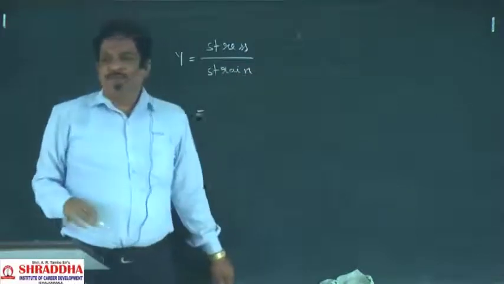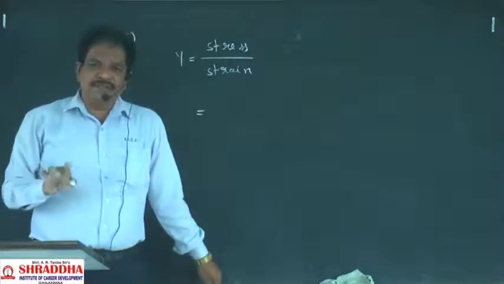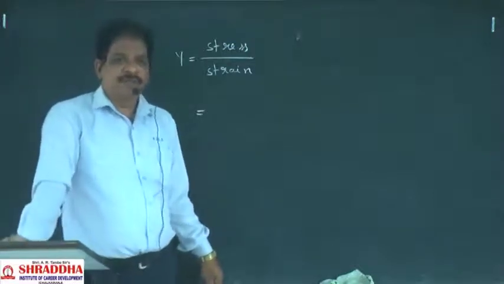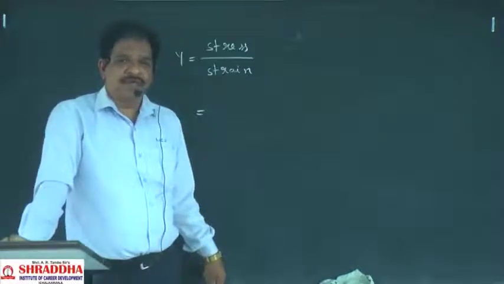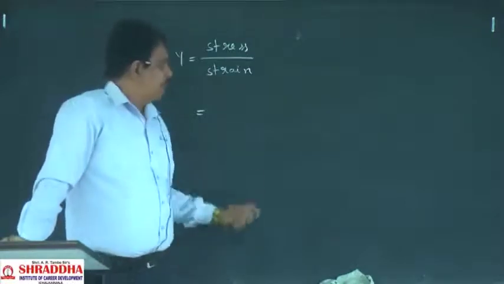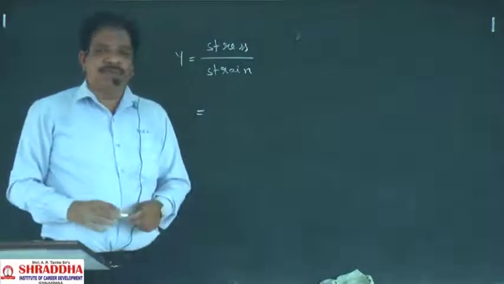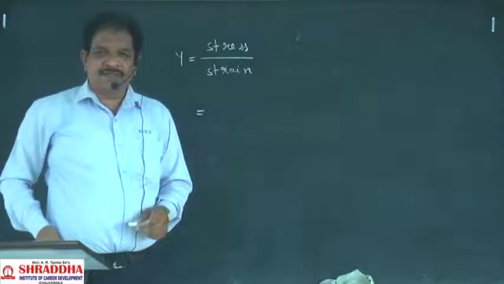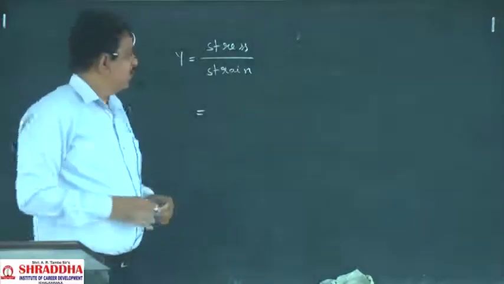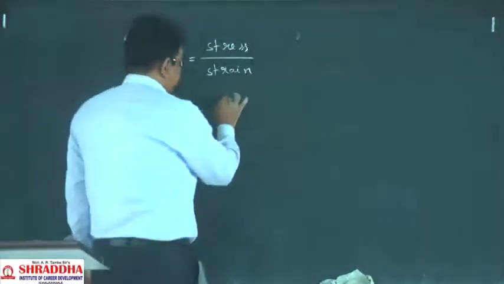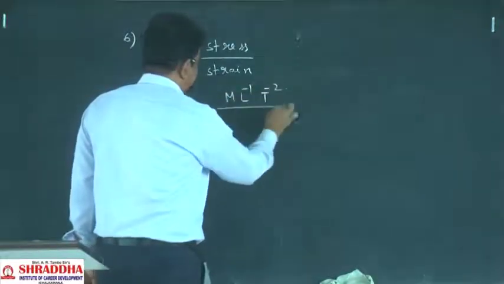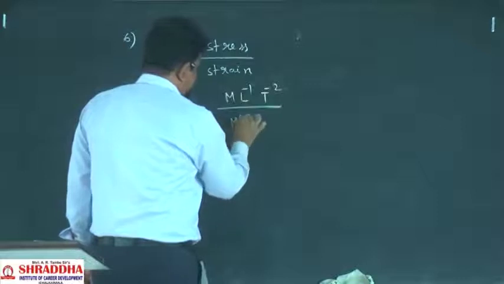Okay. Modulus of elasticity is of 3 types. Young's modulus, rigidity modulus and bulk modulus. All will have the same dimensional formulas. Basic formula is stress by strain. So here stress dimensional formula M L power minus 1 T power minus 2.